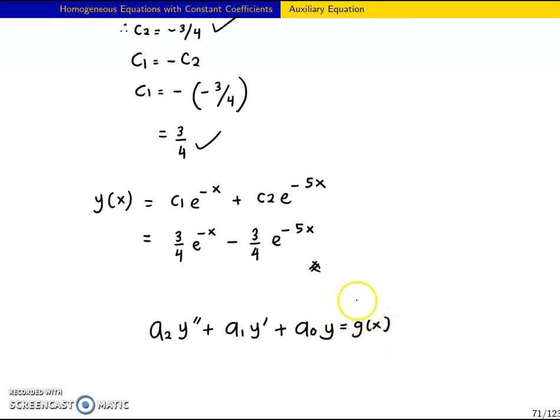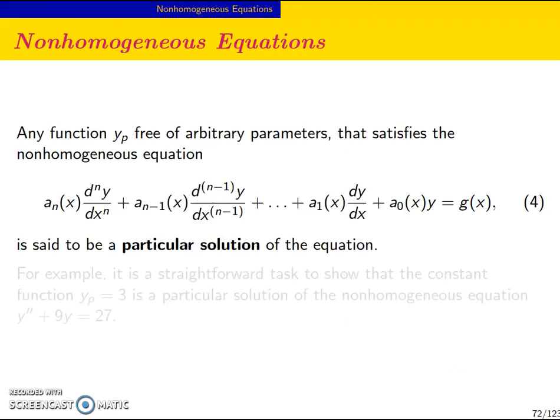So we know how to solve when g of x equals 0, which is homogeneous equation with constant coefficients. These are the steps that you have learned. Now, when g of x is not 0, we have non-homogeneous equation. Okay, so that's what we're going to study next.